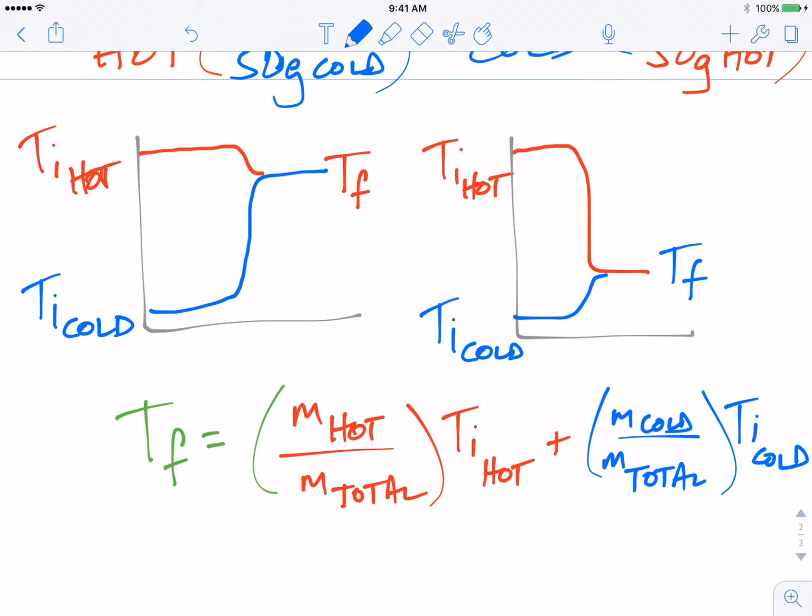And this should make sense because, again, if you have a lot more hot compared to cold, that's going to come out differently in the faucet versus if the masses were closer to each other.